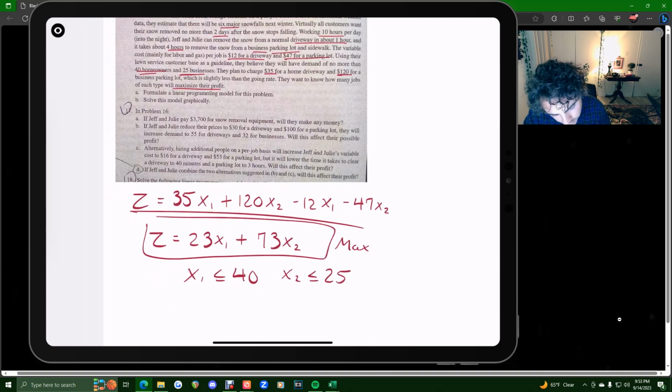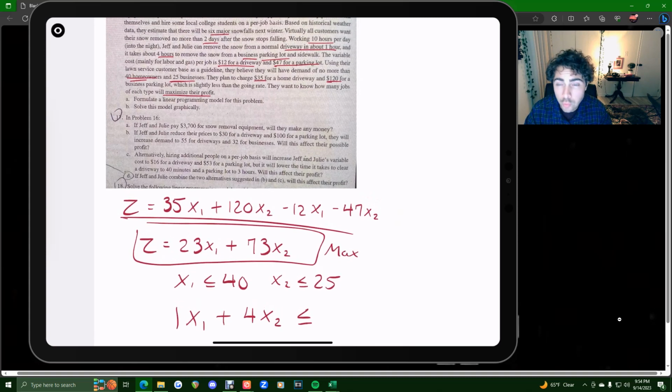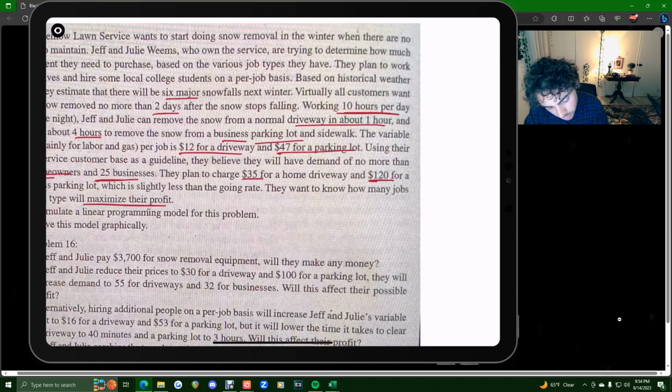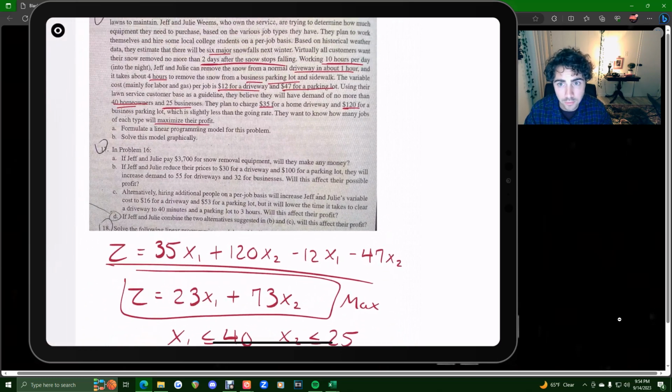So this is the fun one. So each driveway takes them 1 hour. So we're talking 1 hour per driveway. But each parking lot takes them 4 hours, so 4 hours per parking lot, and that has to be less than or equal to the total number of hours, not just that they have in a day, not just the 10, and really not even just the 10 times 2, because keep in mind, it's 10 hours per day, and they have 2 days after the snow stops falling to remove that snow.